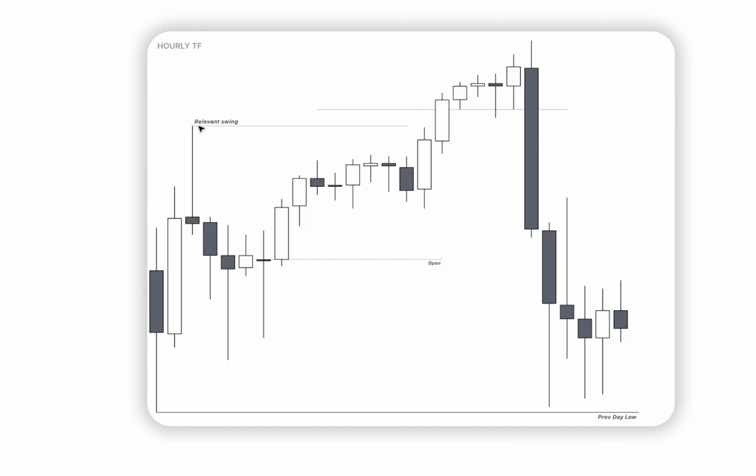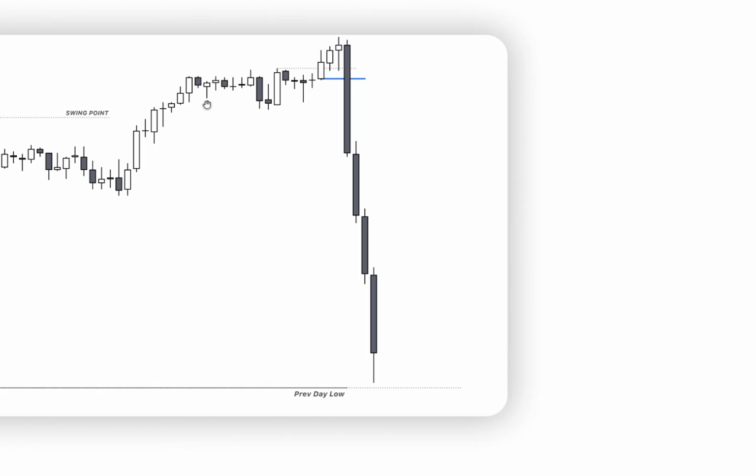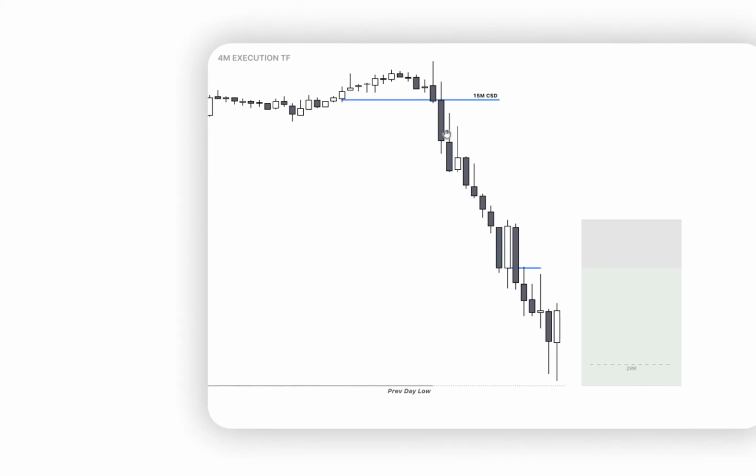How we frame the continuation, we look for manipulation again on the 1 hour, which is right here. And then we look for manipulation on the 15-minute, which is above this range right here. Since the direction is already confirmed by the CSD, we look for a continuation entry.